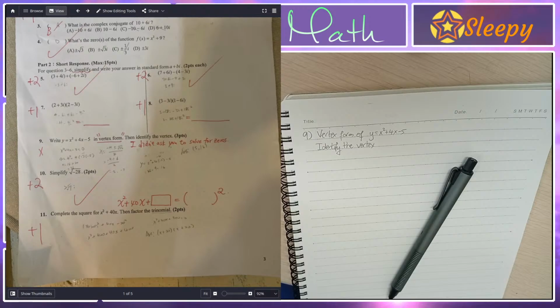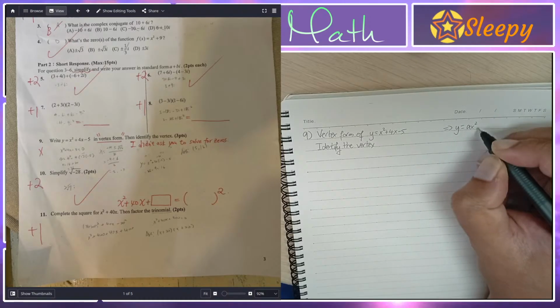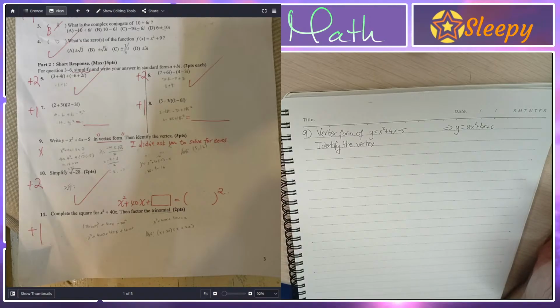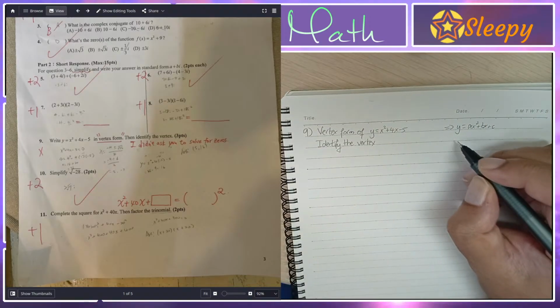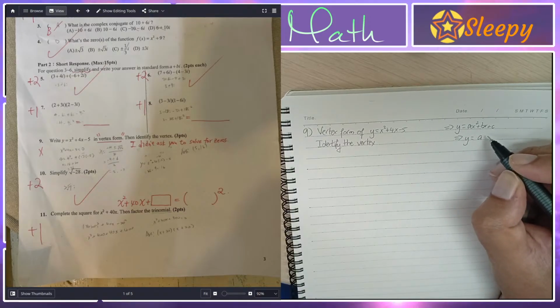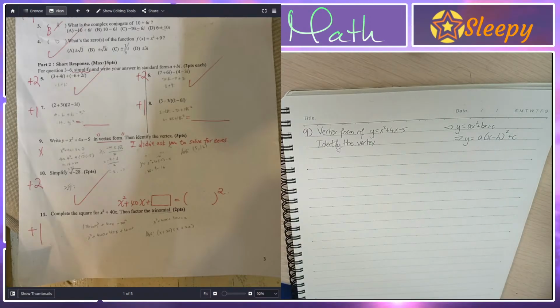So we have to rewrite this. Normally you have y is ax squared plus bx plus c, and this has to become y is a times x minus h squared plus k. How do you do that? I don't think I've ever.